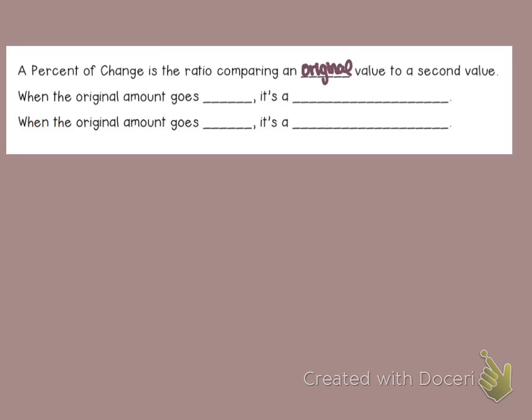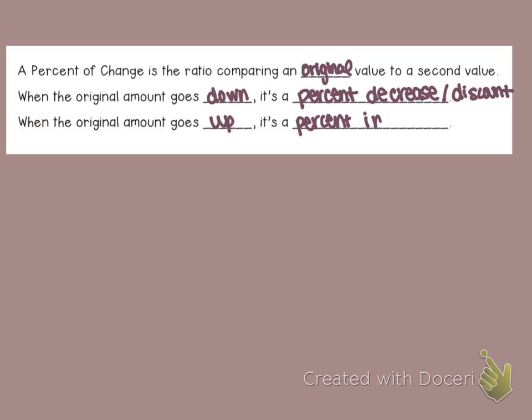So when the original amount goes down, it is a percent decrease, also known as a discount. And when the original value goes up, it is a percent increase, also known as a markup.